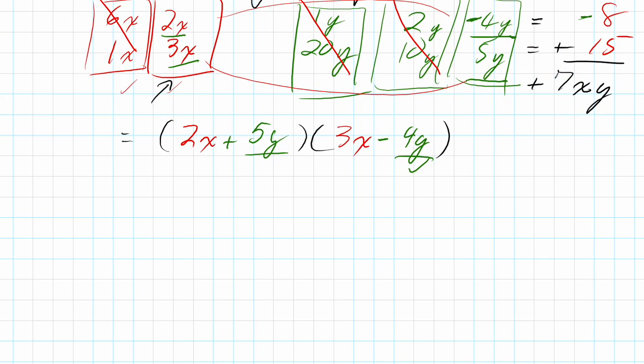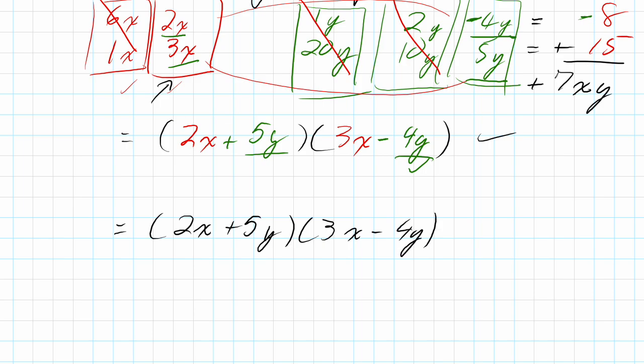But what we should really do is carry this out for checking. We think we've done it, so we're going to do a little expansion. We'll expand and simplify, and as long as we get back to the original, we've double-checked. So 2x times 3x gives you 6x squared. 2x times negative 4y gives you negative 8xy. 5y times 3x gives us positive 15xy.